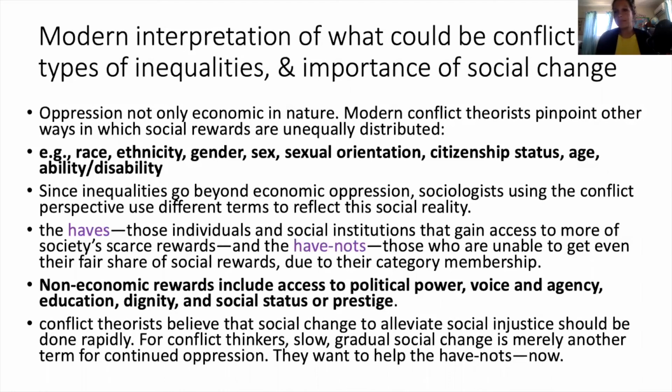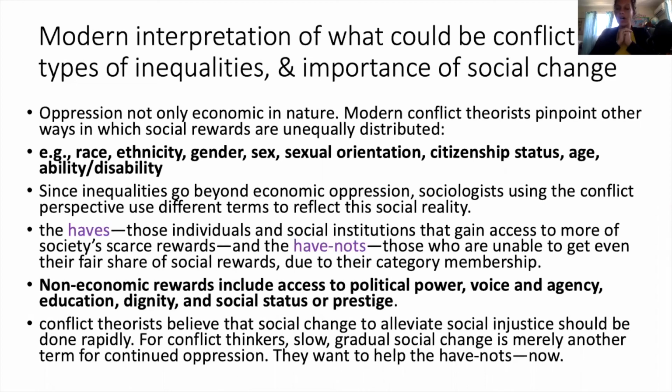Marx's theory was an intellectual foundation, but it was too narrow. It only focused on economic inequality. And if we expand upon Marx's analysis, you would say that nowadays modern conflict theorists pinpoint other forms of inequalities.